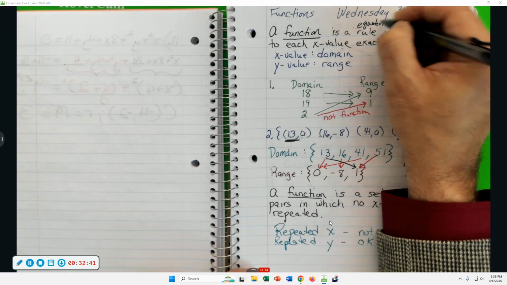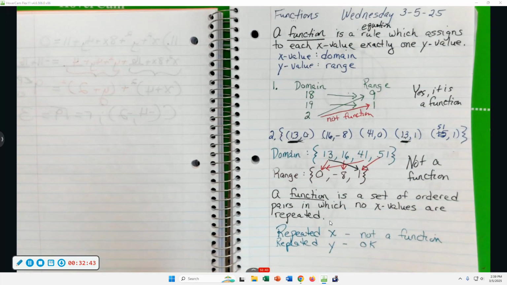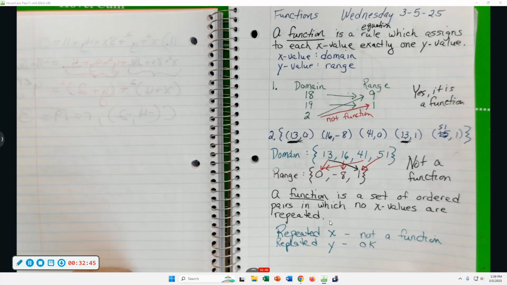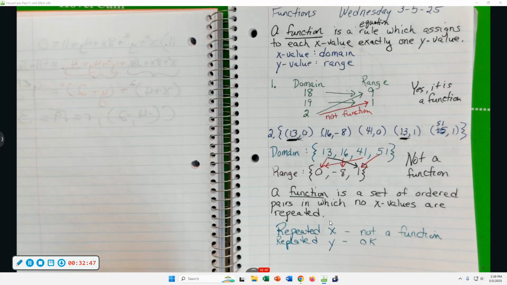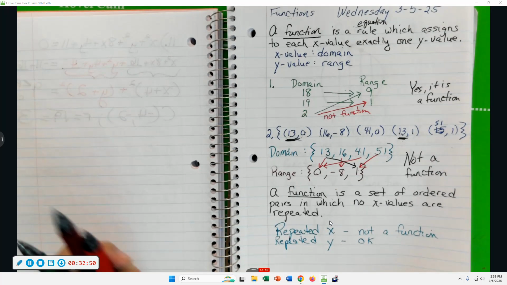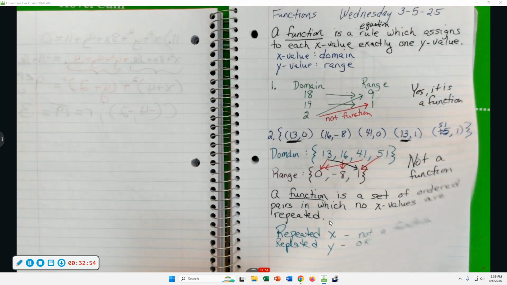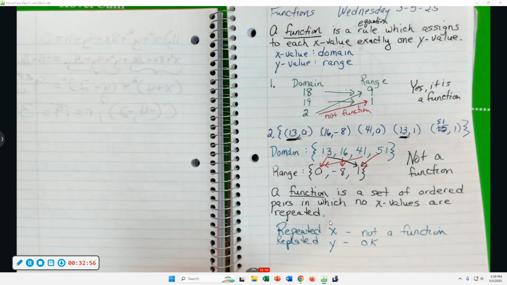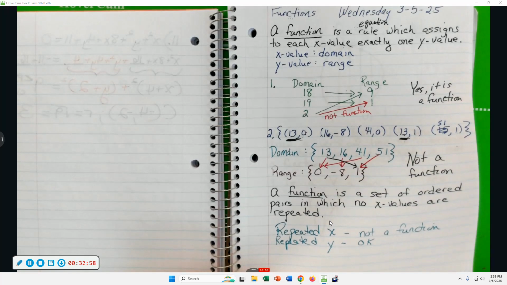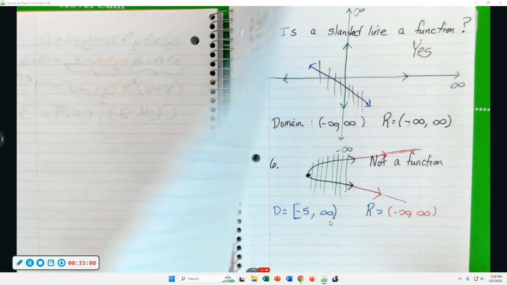I always say an algebraic equation. A function is an algebraic equation which assigns to each x value exactly one y value. So we could have an equation as the rule. The domain is still the x value, the range is still the y values.